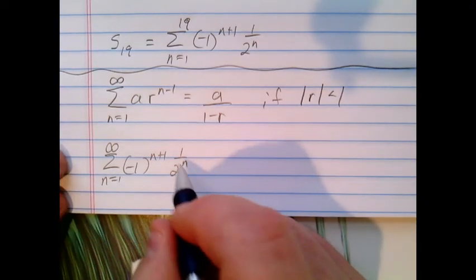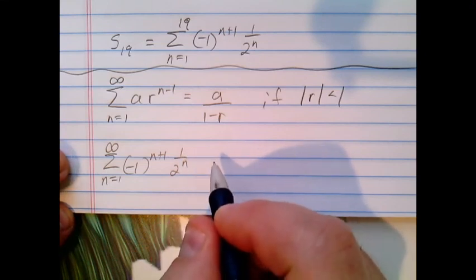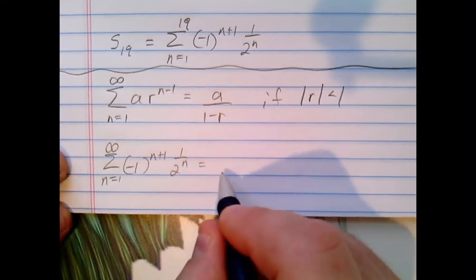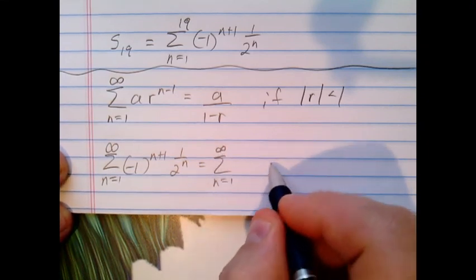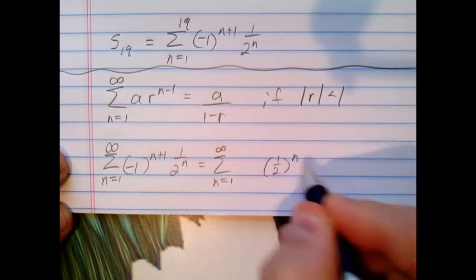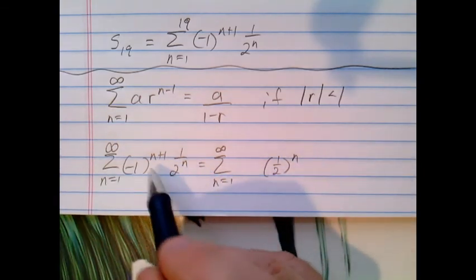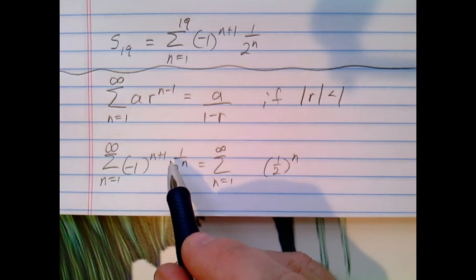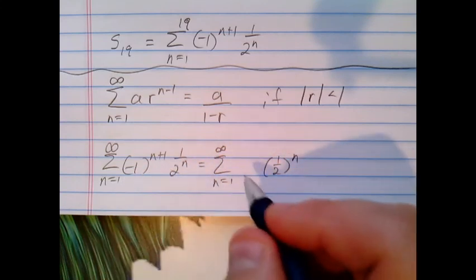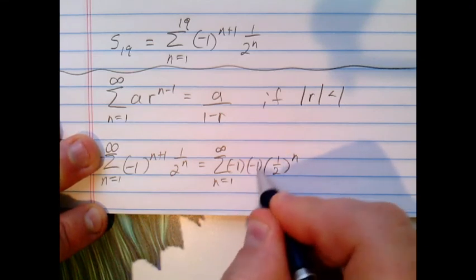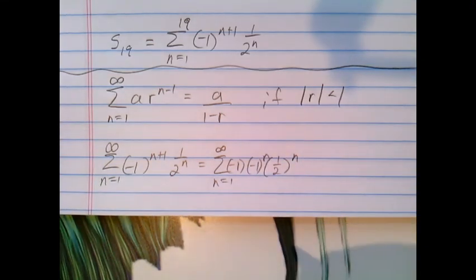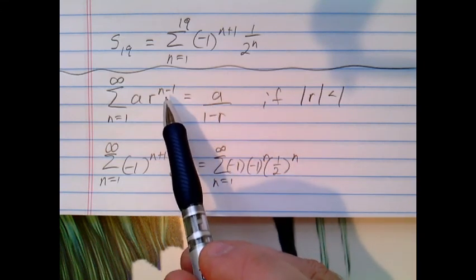Okay, 1 over 2 to the n is 1/2 to the n. Okay, and this part here, the negative 1 to the n plus 1, I can split out one factor of negative 1 there and have negative 1 to the n. Okay, well, let me see. What else do I want to do? I want to try to get it to match this.